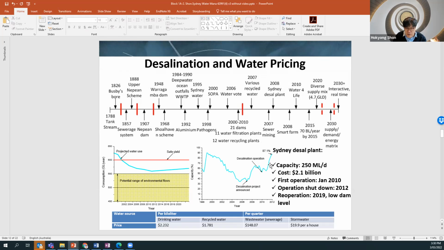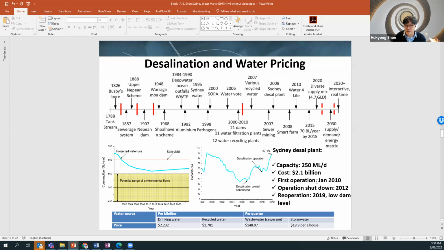When you have very heavy rain, we try to stop, and when you have a low dam level, we start to reoperate. The capacity is 250 megaliters per day. This covers almost 17% of the overall Sydney drinking water supply, and it cost $2.1 billion.